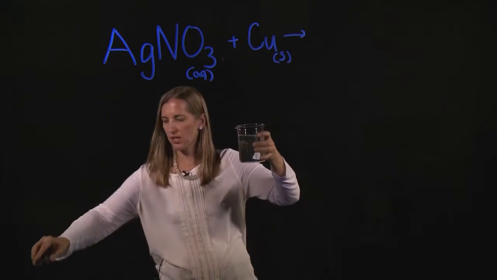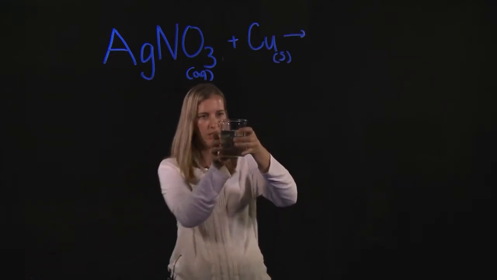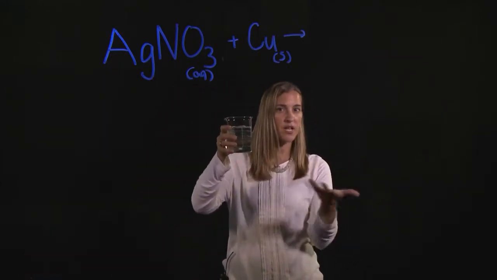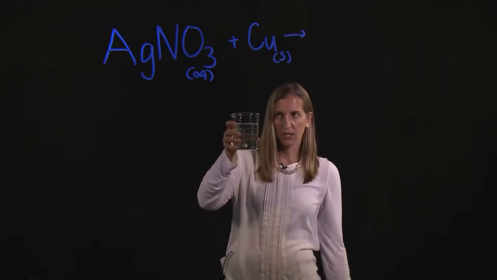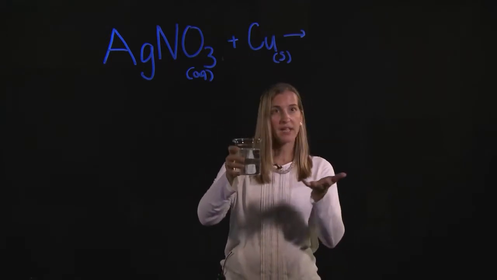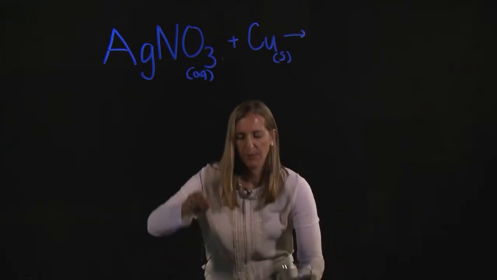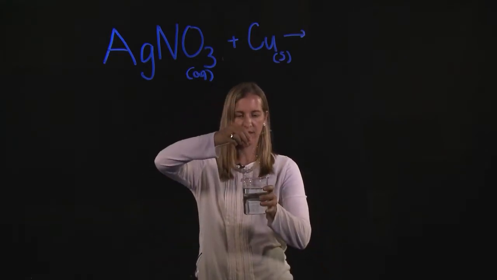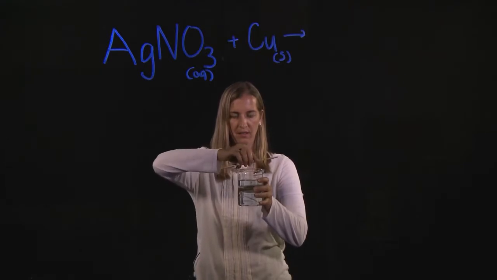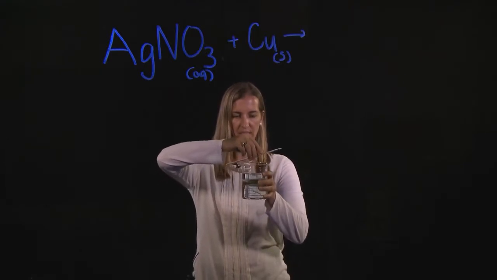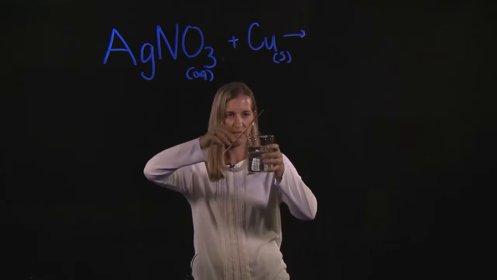Look at the solution. It looks very clear, and it is, but it has silver nitrate dissolved in water. So we have an aqueous solution of silver ions and nitrate ions. I'm going to just set that down. We're going to stick our copper wire in here. See if I can get it to stay in there like that. Yeah, it's going to hang out like that.